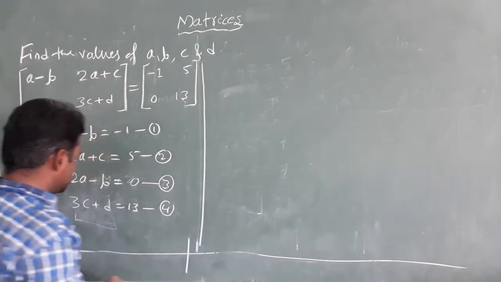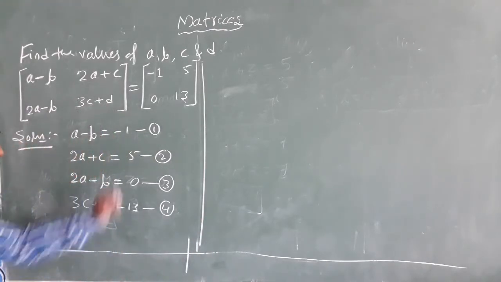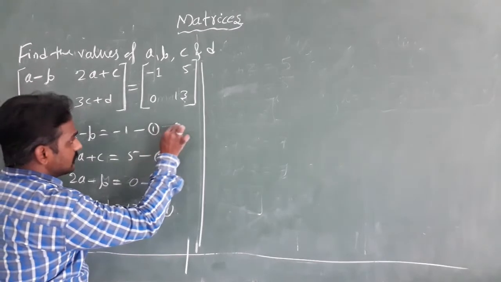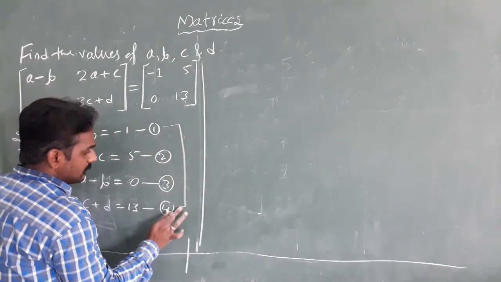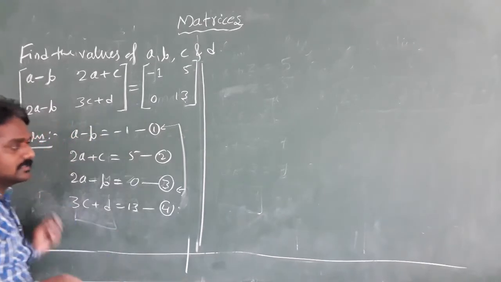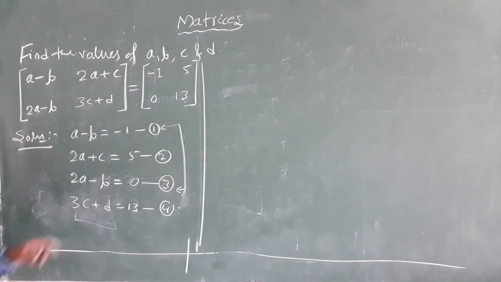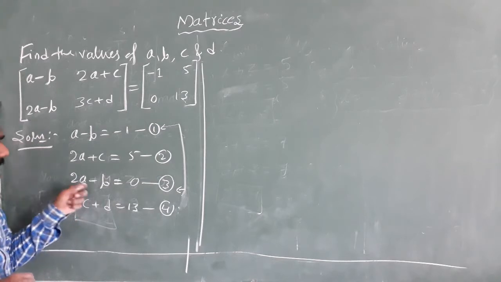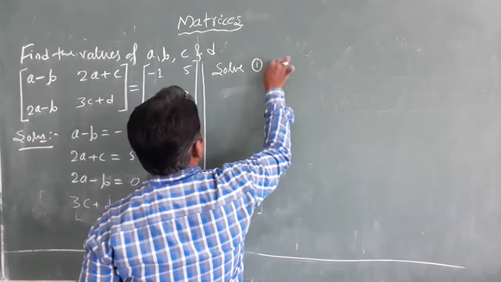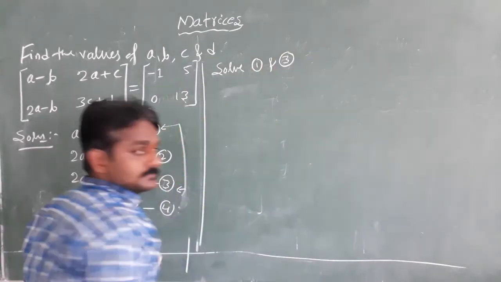So once we consider these equations, just solve by combining the equations. Choose the equations first. See equation 1 and 3. If you consider these two, it is easy to find the A or B value. Just solve 1 and 3.